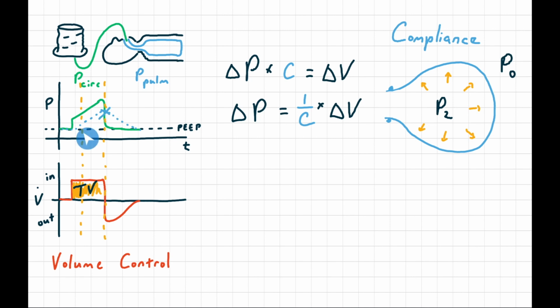And the slope of that blue pulmonary pressure line is entirely dependent on your pulmonary compliance. Now, just like calling resistance a completely linear phenomenon was a little bit of a simplification, calling compliance linear is also a simplification.